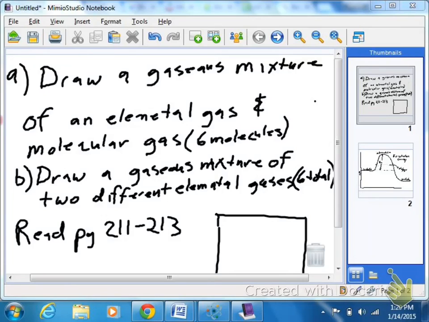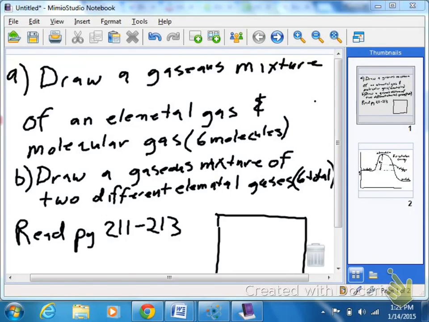So wait, does it just have to have a mixture of like 6 different molecules? Just have 6 different ones in there. Yep. I just say 6 total. So if you count how many would be in there, you count 6. They don't have to be different, as in each of those I just want 2 in that mixture.